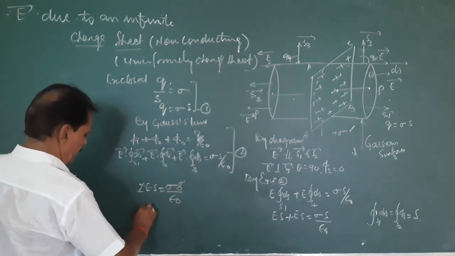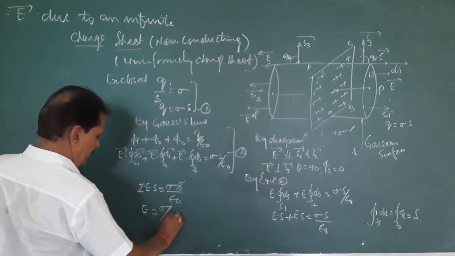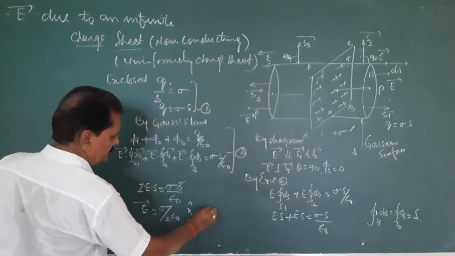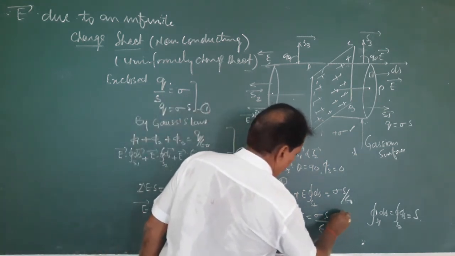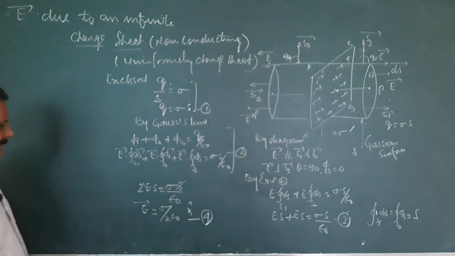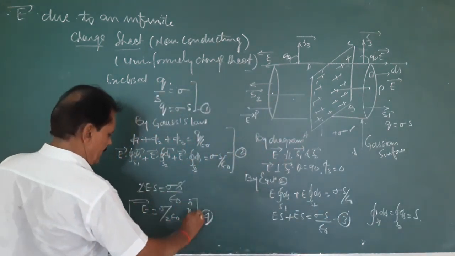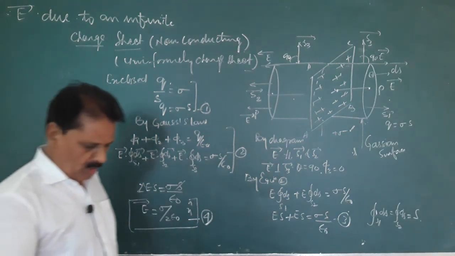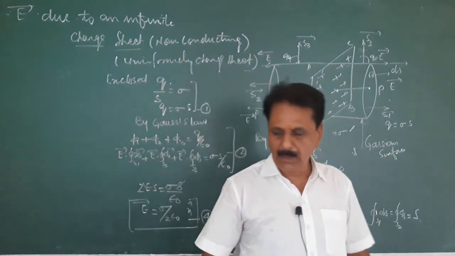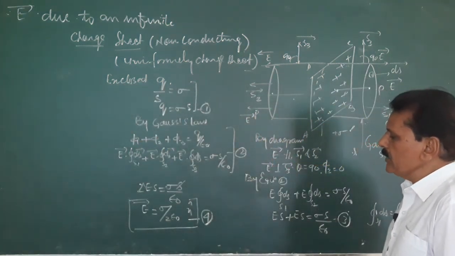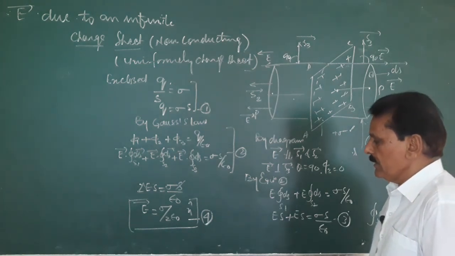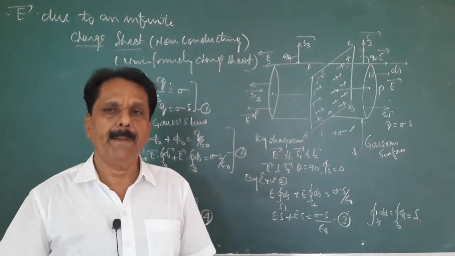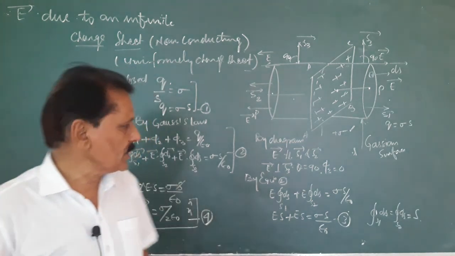S gets cancelled, E will be sigma by 2 epsilon 0. In vector form, it is given like this. This is our equation third. So by this equation 4, we can express the electric field due to a uniformly charged sheet, or a non-conducting charged sheet, at a point P in magnitude and direction, which depends only on the charge density and is always perpendicular to the plane of the charge sheet.